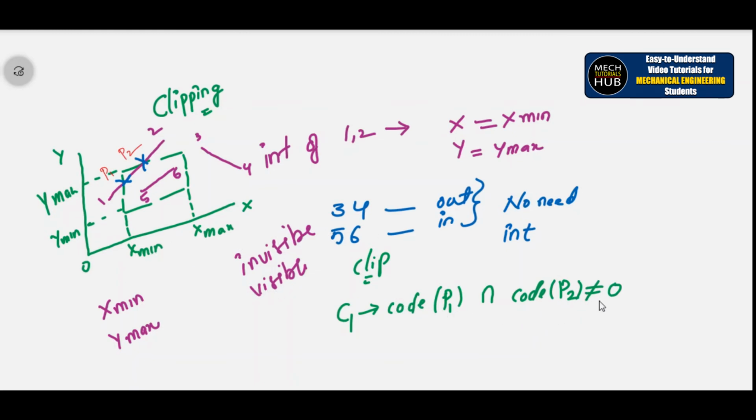I'll write it in red so that you understand better. C1 is the code of P1 and the code of P2: if the code of P1 intersection code of P2 is not equal to 0, then the line, whatever line you're talking about, 1 2, is invisible completely.